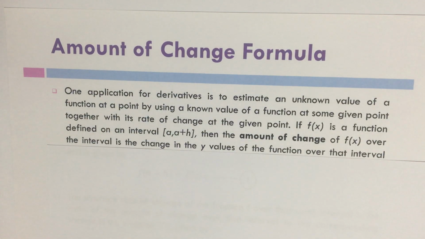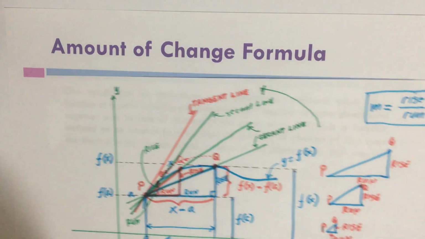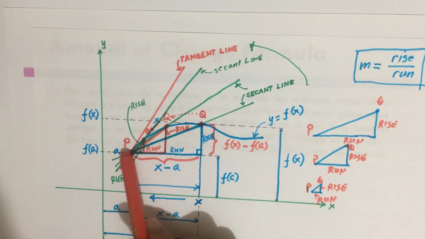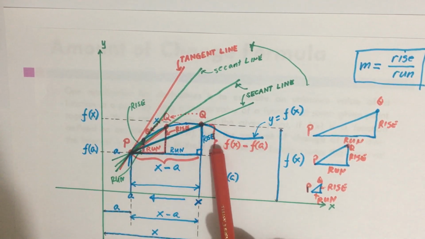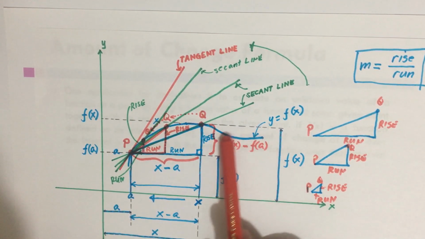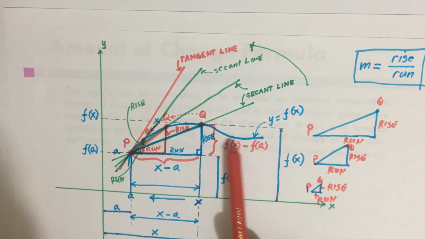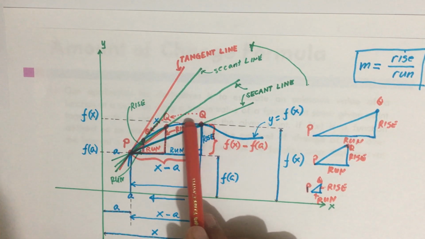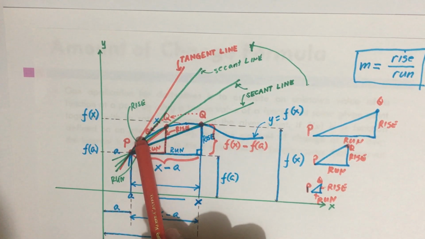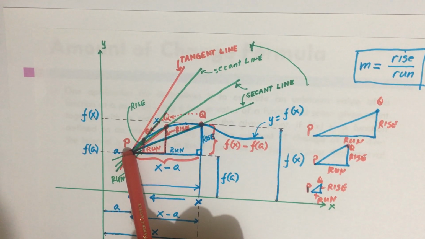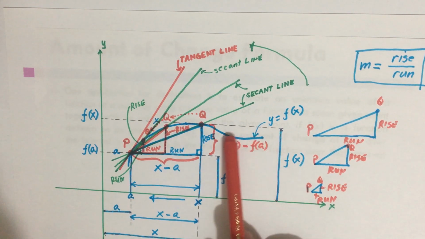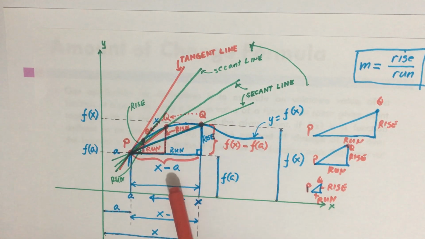Okay, so what does it mean? It means, class, that as Q moves along this curve, you see this is the difference in y value, f of x minus f of a. As Q moves down to this point, closer to P, we can see that this change in y value is also changing.